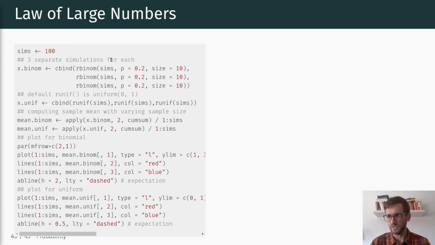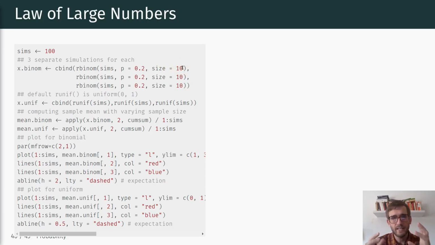100 simulations. Okay. For each sample size, up to 100, we look at 3 separate simulations where we take random draws from a binomial distribution. So that's why we have our rbinom with sims, so 100 simulations, with p equal to 0.2, so that's our success probability, and size equal to 10.